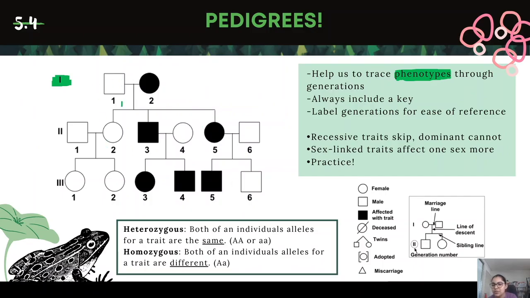Just because they're not colored doesn't mean that they don't have it. If they're not colored, it means two things. First, that they obviously don't have the trait. Second, that they could be a carrier, so they can carry the trait on one of their genes, but they may not have it. So this is the first generation, second generation, third generation.